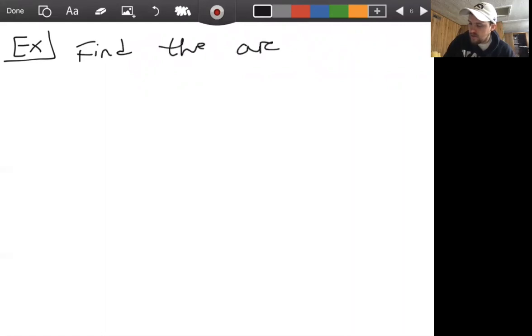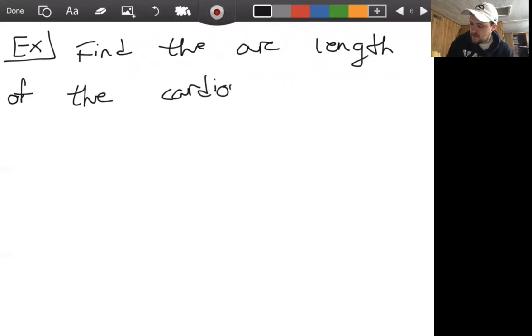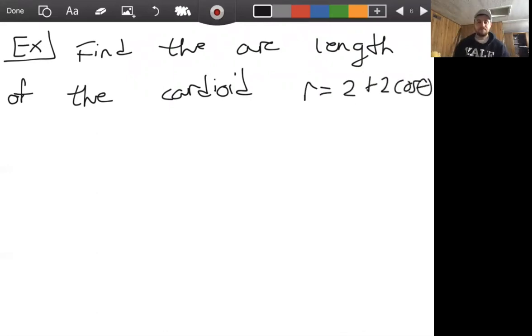So let's go over one example here. The example says: find the arc length of the cardioid r equals 2 plus 2 cosine theta. We want to know the bounds for this integral.